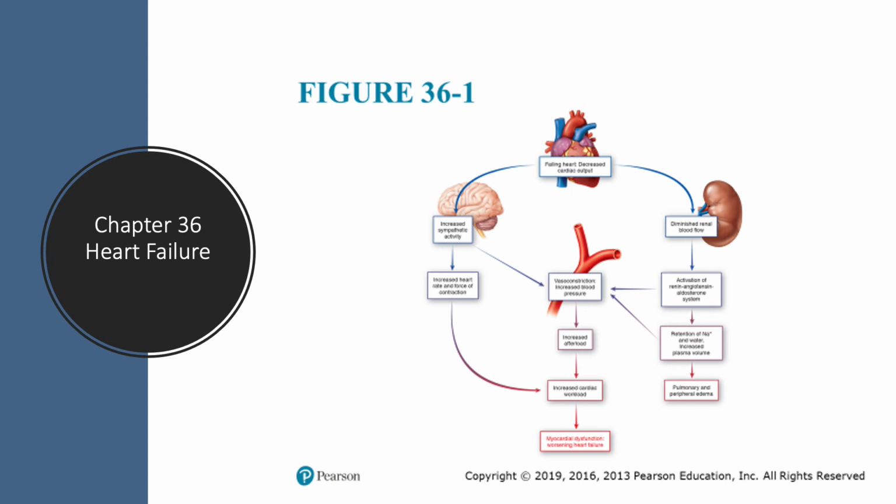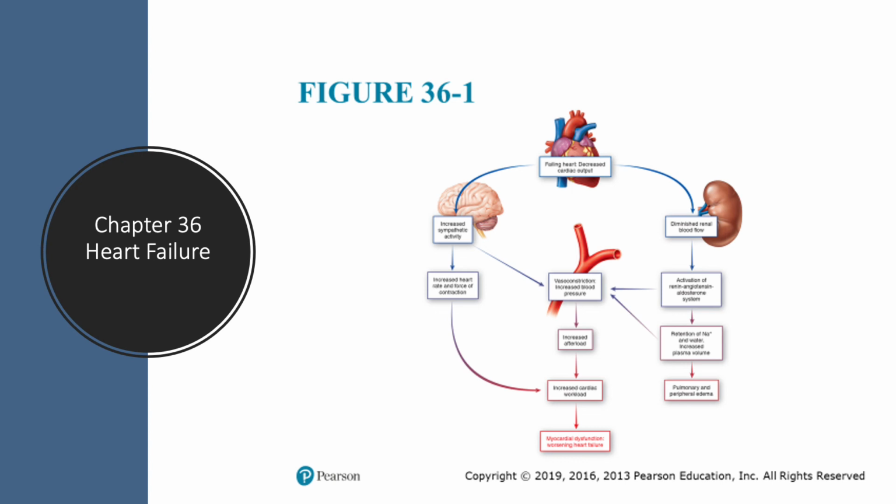Their ventricle doesn't pump as well anymore because it is permanently damaged. Their left ventricle is weaker from the heart attack they had. So because of the reduced contractility from the heart attack, and by the way, this is the most common way that people get congestive heart failure, is a previous heart attack.